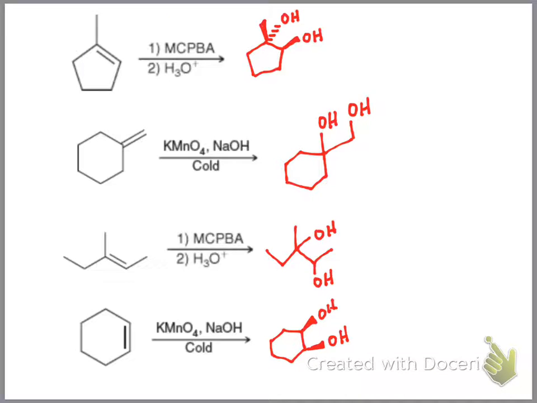Okay, one thing I want you to pay attention to: all these reactions will make a diol, but only in some of them is the stereochemistry important. In the first one, we see that the MCPBA gave us the trans diol, and in the last one, the KMnO4, which is similar to osmium tetroxide, will give us the cis diol.